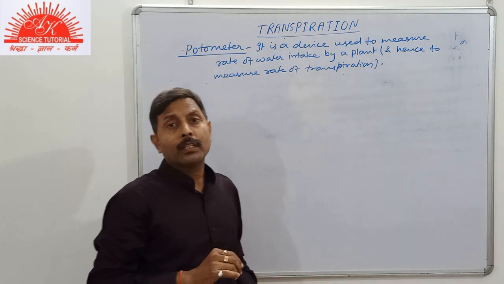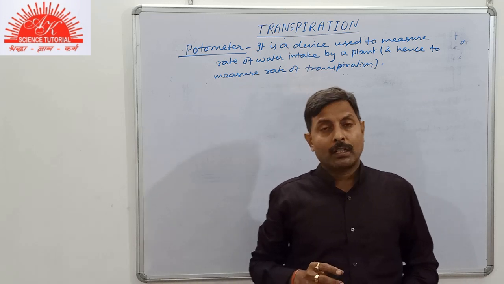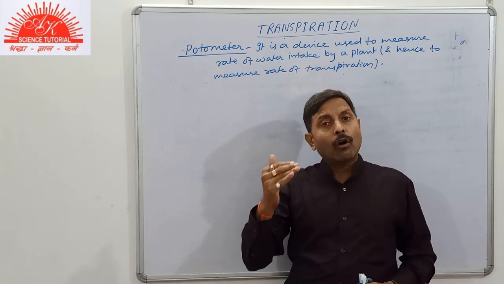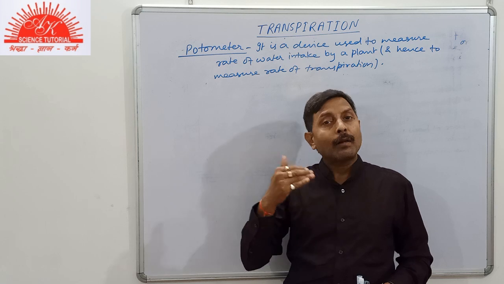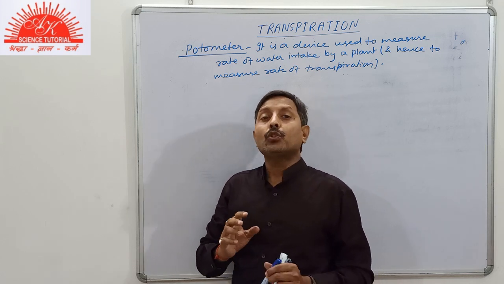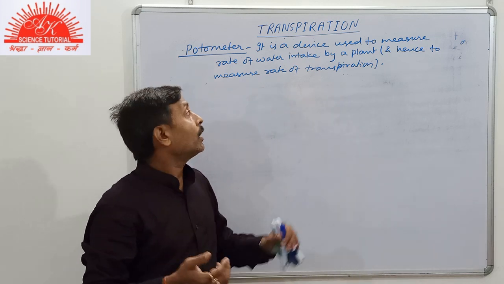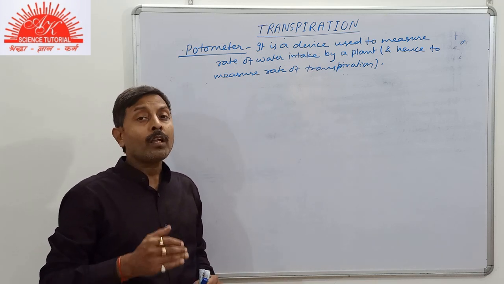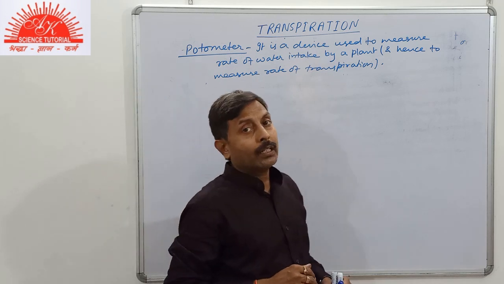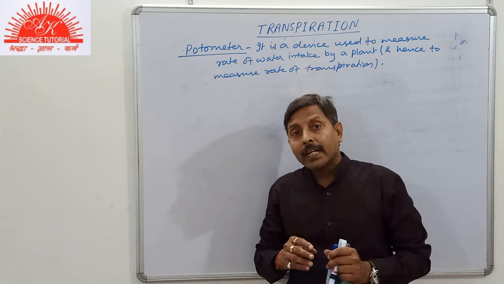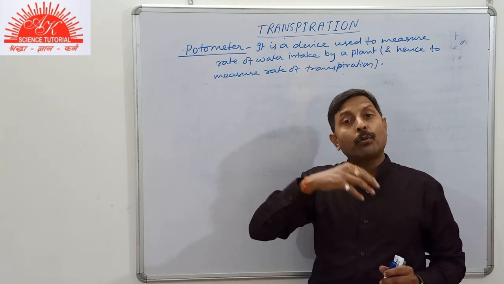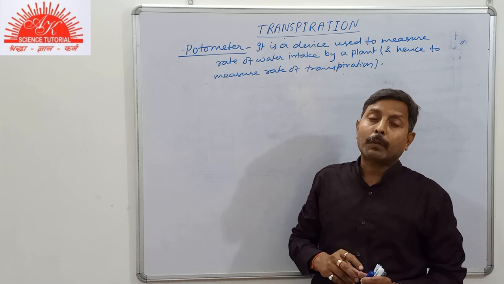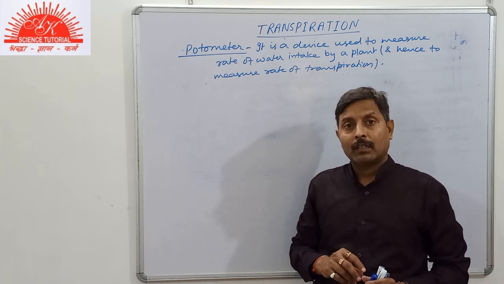Potometers are of different types. Ganong's potometer is used to measure the rate of water intake by a plant or cut shoot. Darwin's potometer is used to demonstrate the suction force created due to transpiration in a plant.